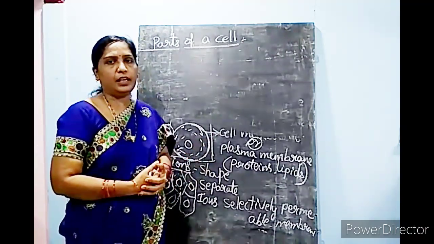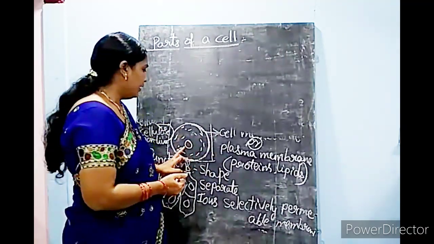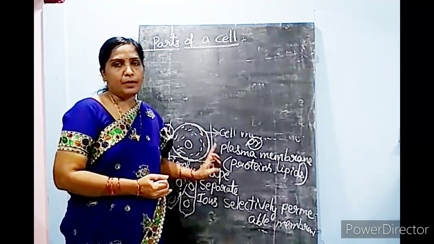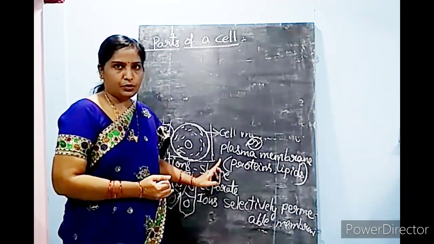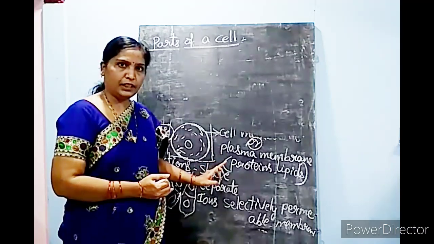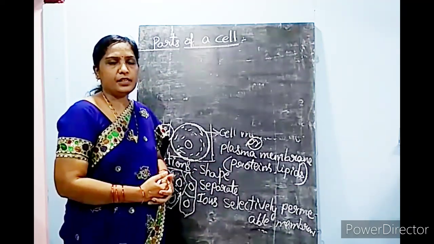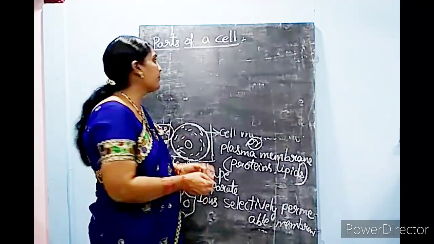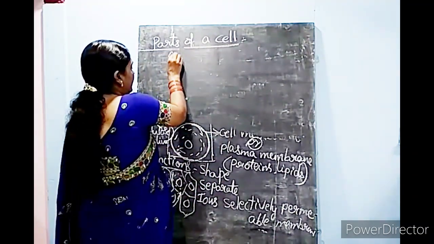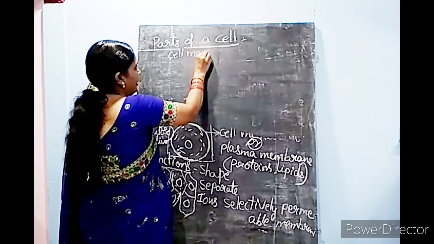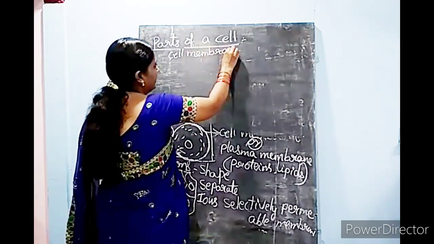It also allows some ions to move in and out, so it is also known as a selectively permeable membrane. It allows substances to move in and out by 2 methods.